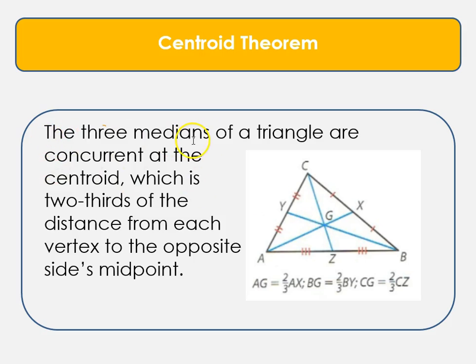The three medians of a triangle are concurrent at the centroid, which is 2/3 of the distance from each vertex to the opposite side's midpoint. So when you have a centroid, as an example, if we look at segment CZ, GC will be 2/3 of CZ, and GZ will be 1/3.